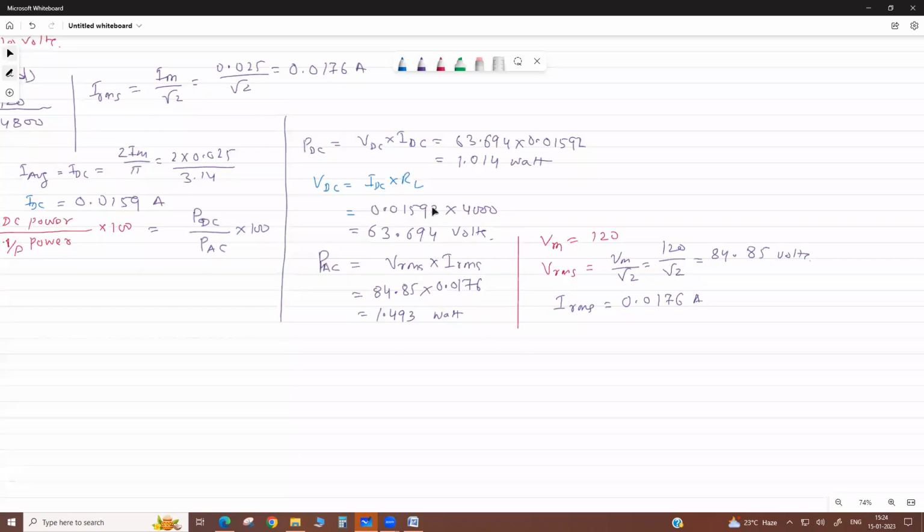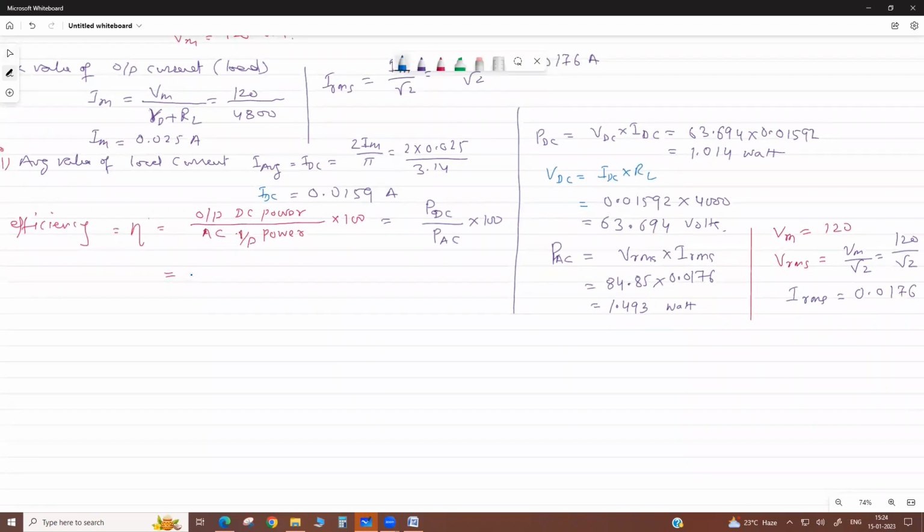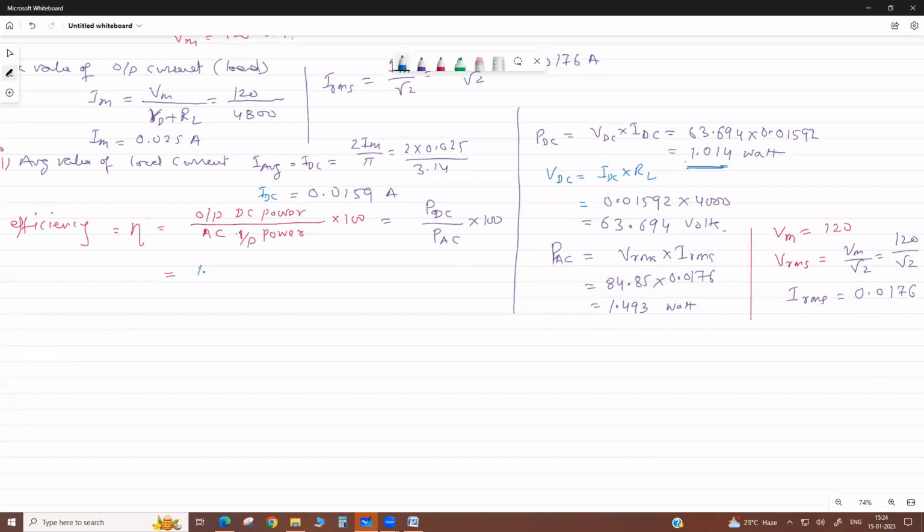Now both powers, you just put here. What is your output DC power? Output DC power is this, 1.014.